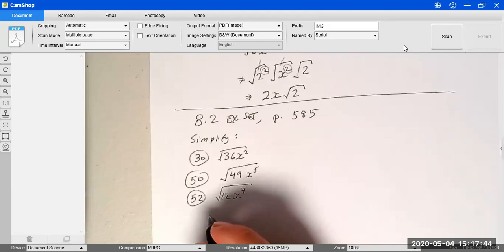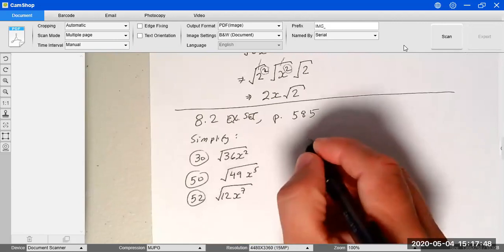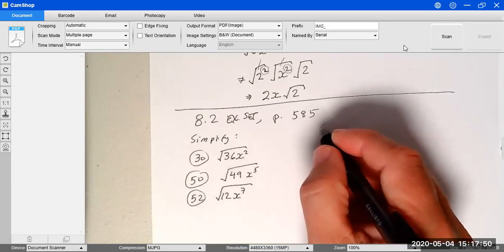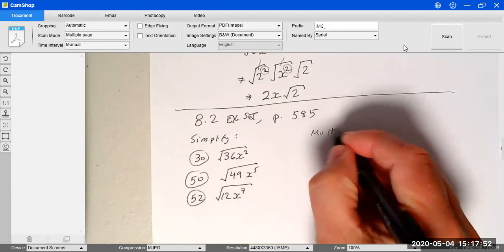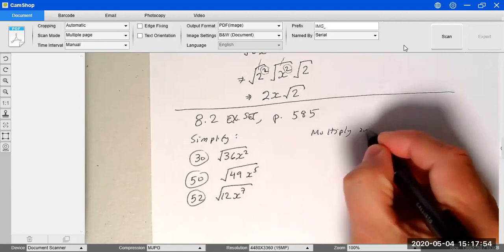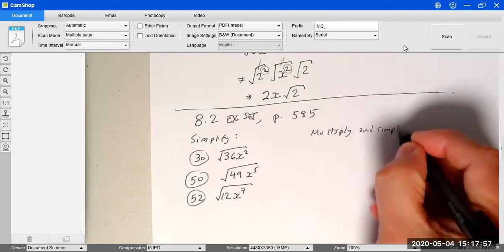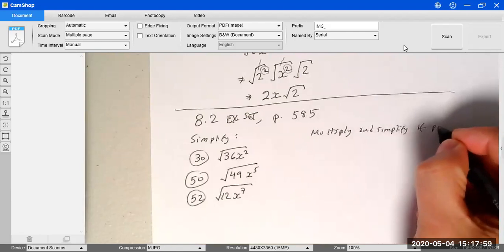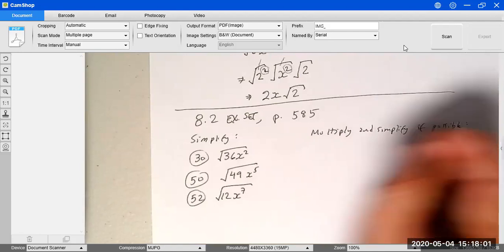Then you're going to work now. We're going to multiply and simplify if possible.